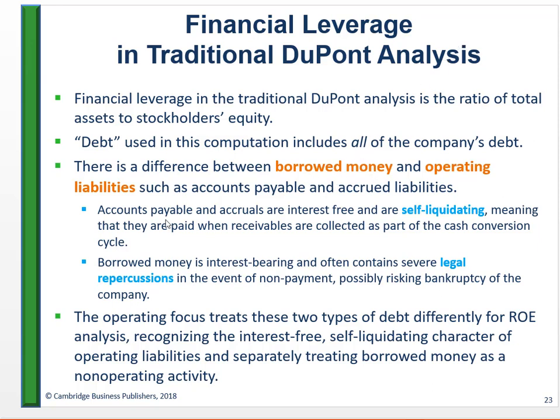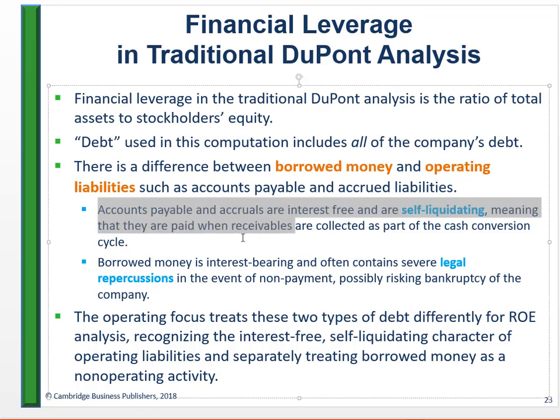So let's look at an indication of that in these two bullet points down here. We have our accounts payable and accruals are interest-free and self-liquidating, meaning that they are paid when receivables are collected as a part of the cash conversion cycle. So those are operating assets.